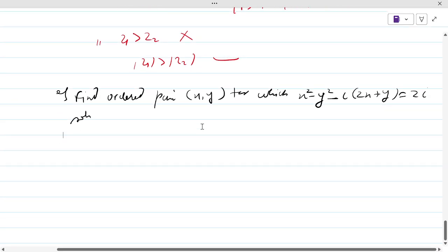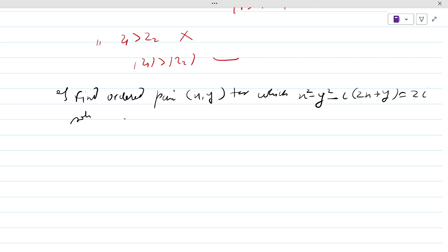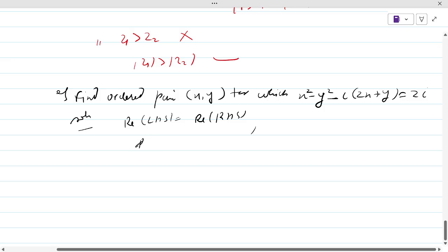So we can compare the real and imaginary parts and solve. Comparing the real part of the left hand side with the real part of the right hand side, and similarly the imaginary part of the left hand side with the imaginary part of the right hand side.